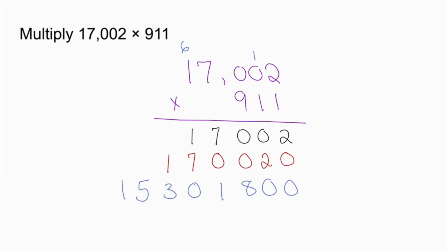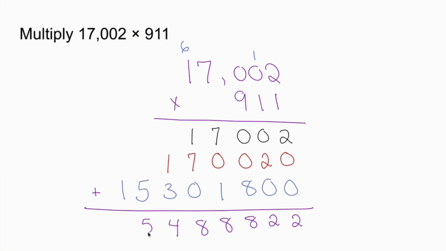Now we're going to add these 3 numbers. Like so. 2 plus 0 is 2. 0 plus 2 plus 0 is 2. 0 plus 0 plus 8 is 8. 7 plus 0 plus 1 is 8. 1 plus 7 plus 0 is 8. 1 plus 3 is 4.